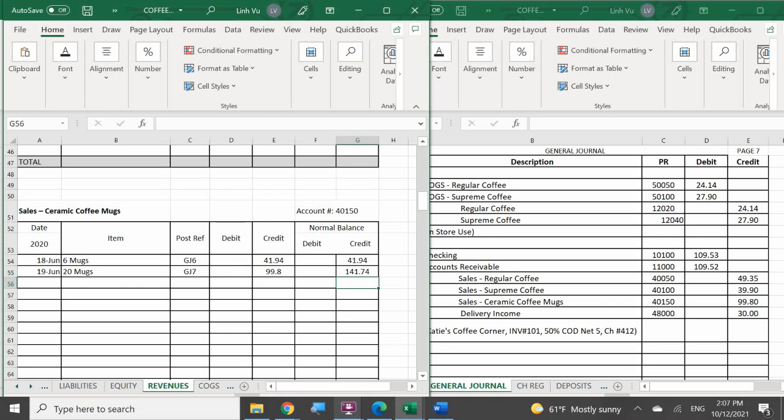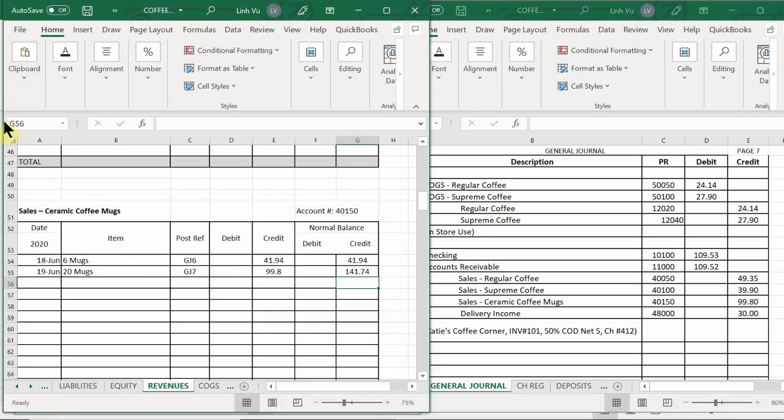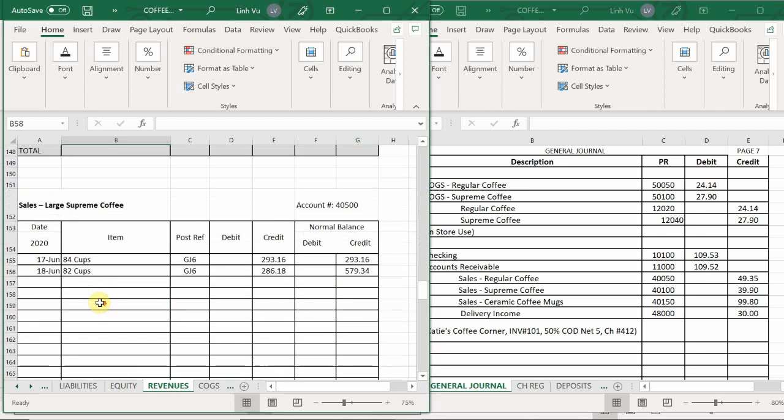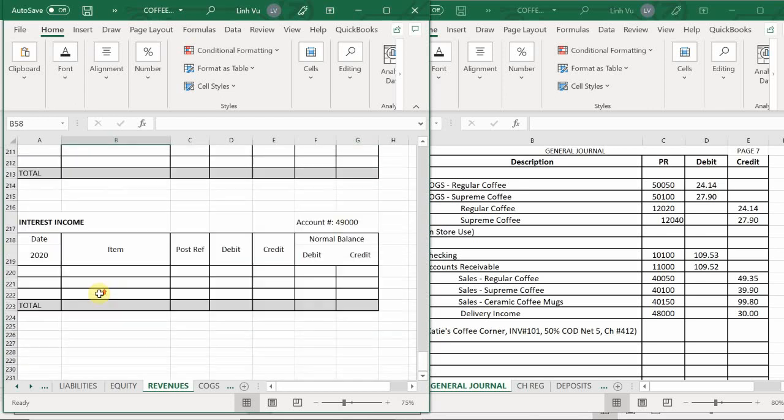Okay. Good. So then, go ahead. We're supposed to have a purchase order on this. Not a purchase order, because we're not buying anything. Okay, I get it. And then the last one we have here is delivery income. So here we go at the very bottom.